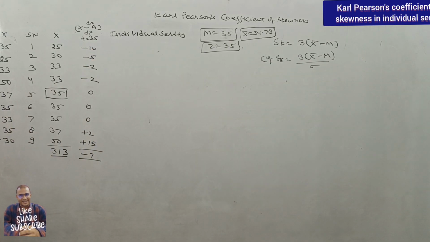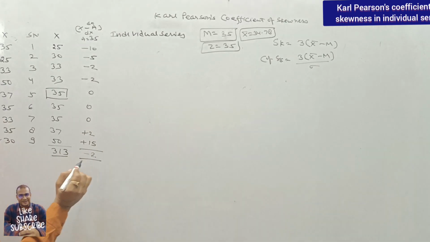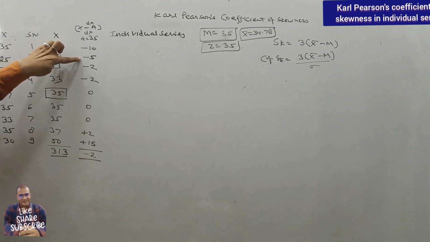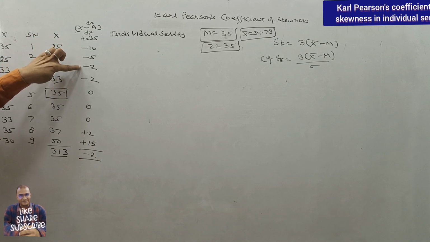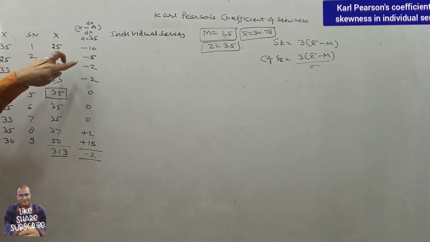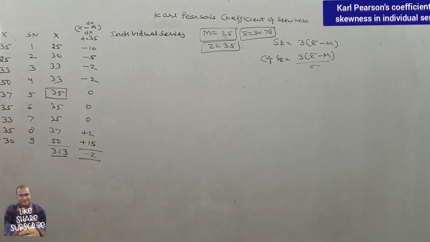Minus 10 and minus 5 make minus 15, and the total is minus 15 plus 17.